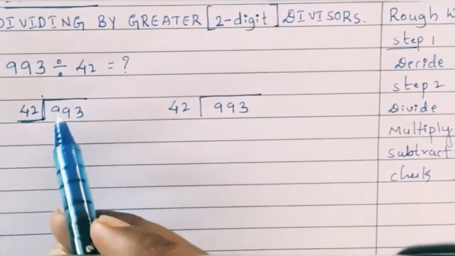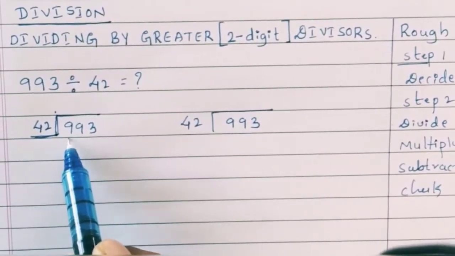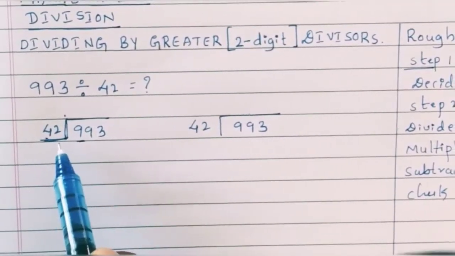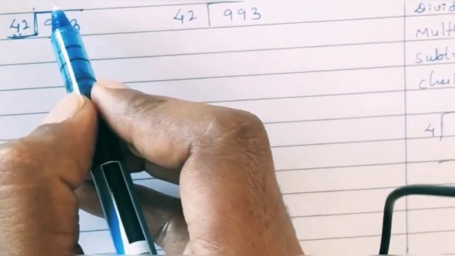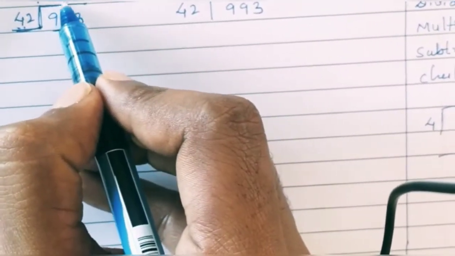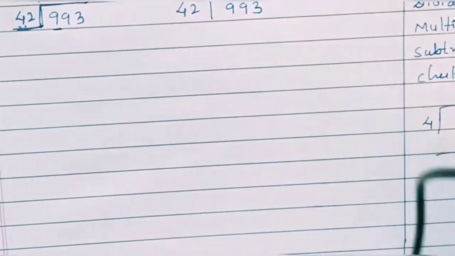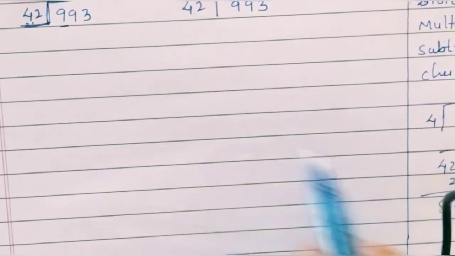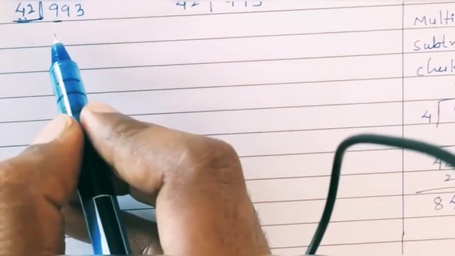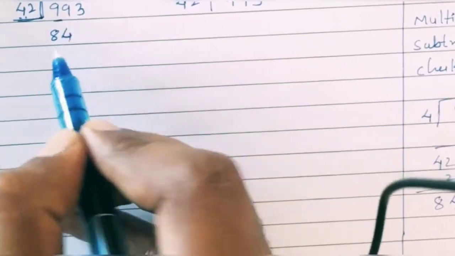Now, suppose you want to divide this 9 by 4. You know that 4 twos are 8, right? So that's why I will take 42 into 2. 42 into 2 is 84.